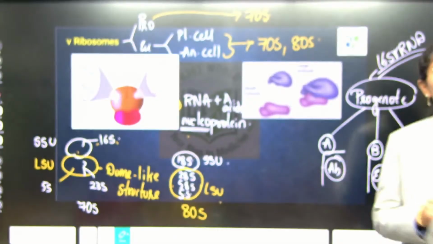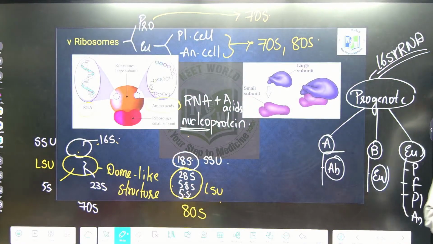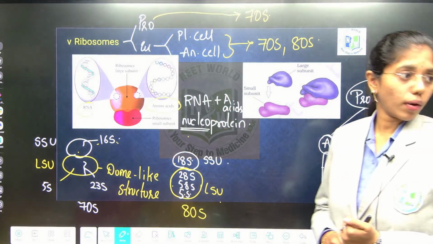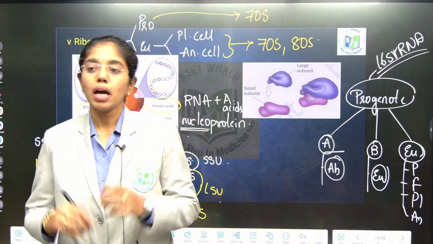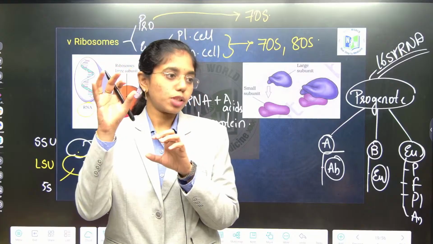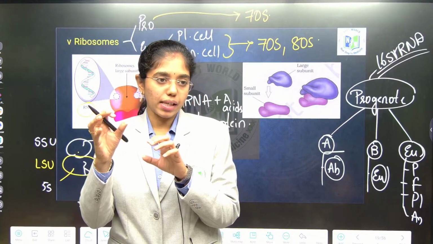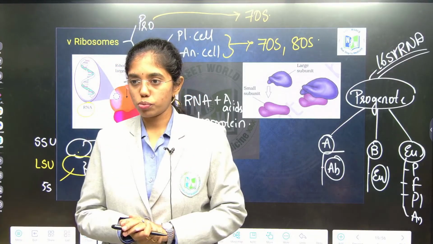Now we have to know where ribosomes are present. We have already discussed ribosomes in a prokaryotic cell. Where are they present? Attached to the plasma membrane and in the cytoplasm. Both are 70S ribosomes only.